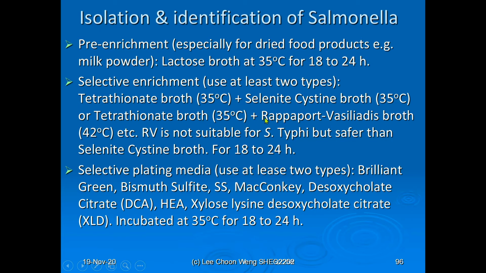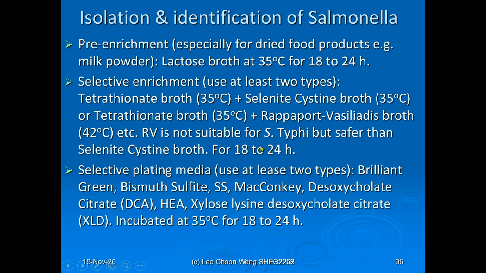However, if you are specifically looking for Salmonella typhi, then you can use this pairing. So you're supposed to use both enrichment broths. However, please note the incubation temperature for tetrathionate broth is 35 degrees Celsius, whereas for RV it is 42 degrees Celsius.